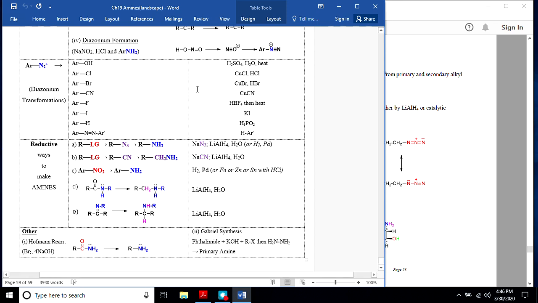So ultimately, we're going from an alkyl group connected to a leaving group, substituting that leaving group by an azide, and then converting that azide to an NH2. So this is an indirect nucleophilic substitution, getting your leaving group to be substituted in this two-step process by an NH2.